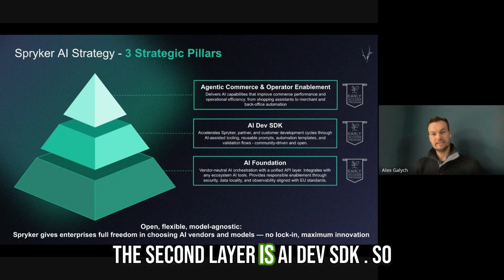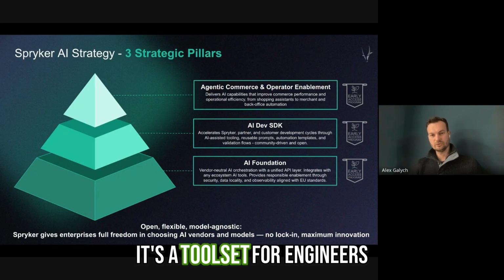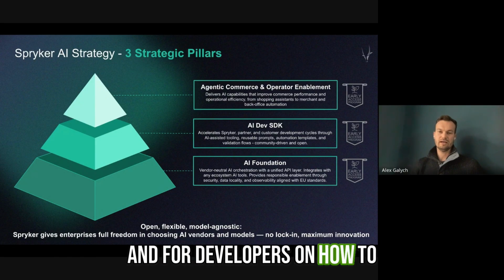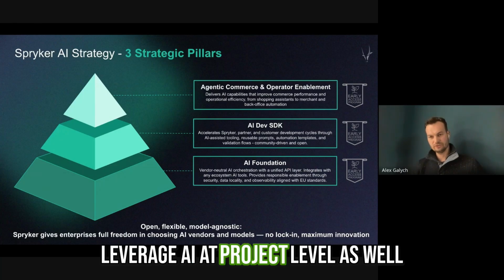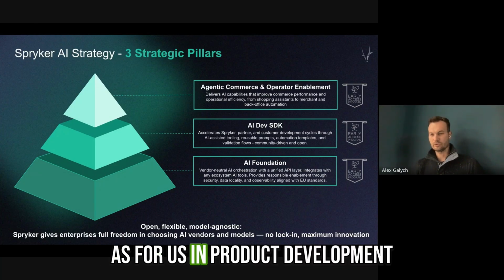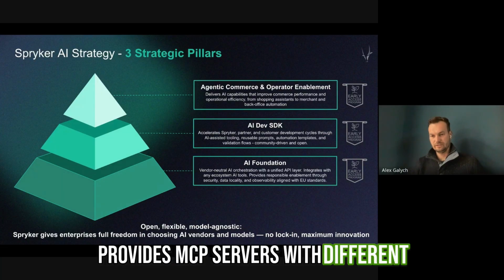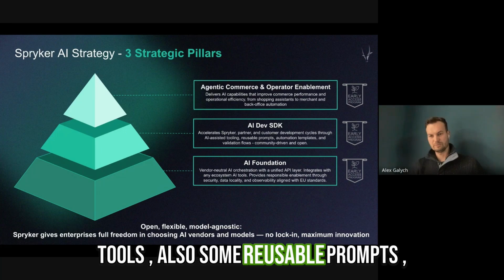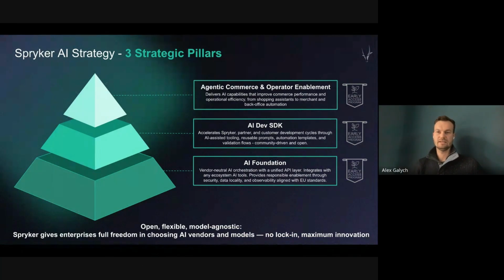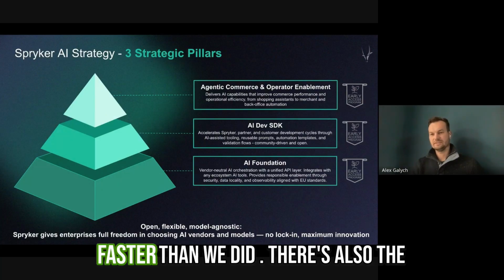The second layer is AI Dev SDK. It's a toolset for engineers and developers on how to leverage AI on a project level, as well as for us in product development, to build functionality ultimately. It gives an MCP server with different tools, also some reusable prompts and different configurations that help you to move through the adoption phase faster than we did.